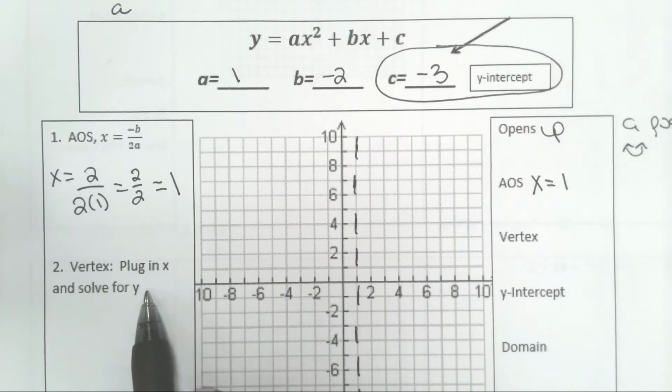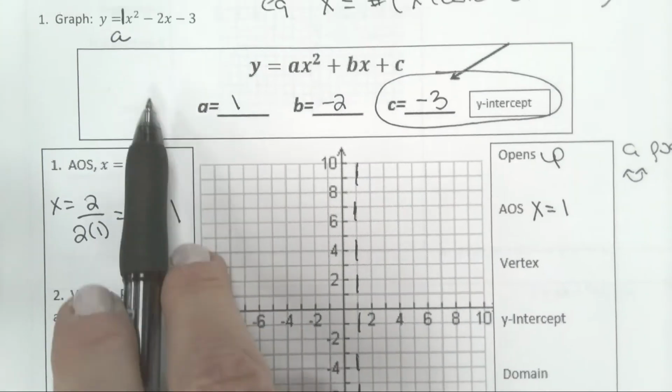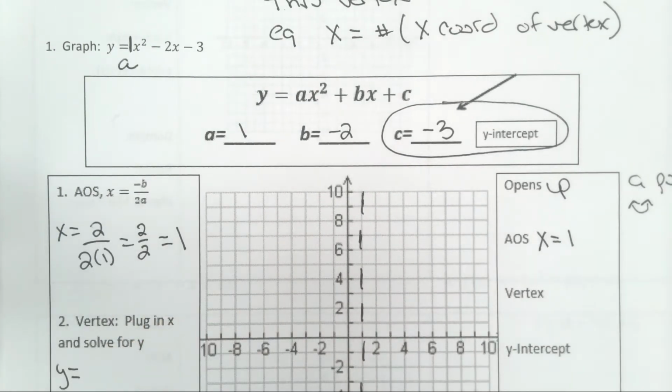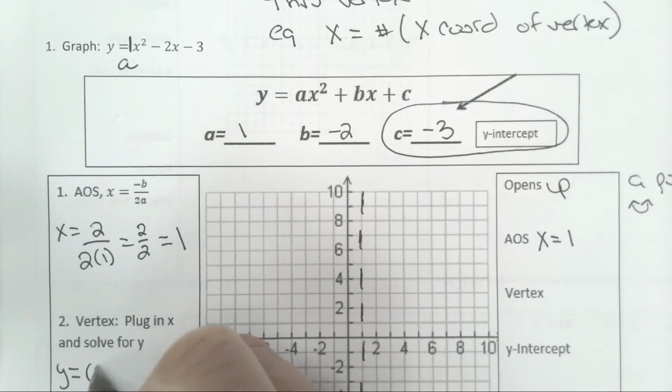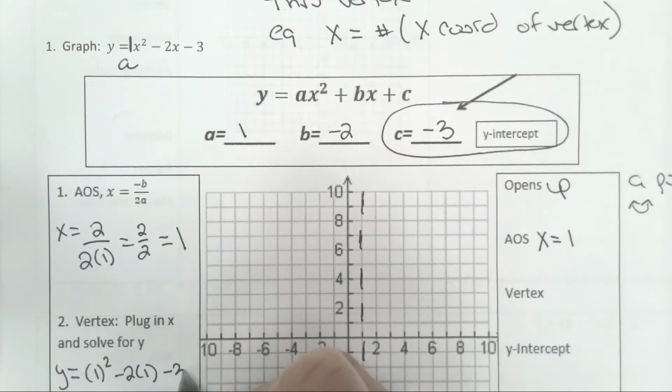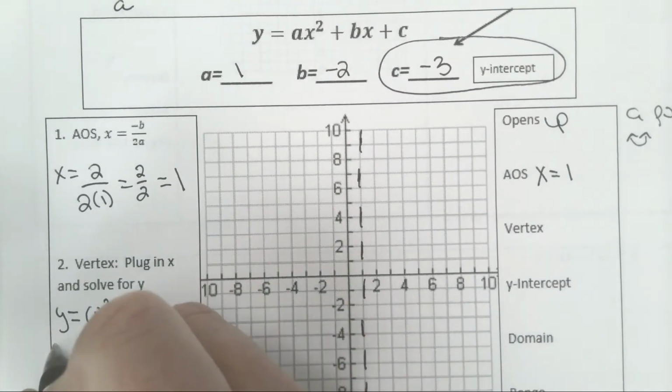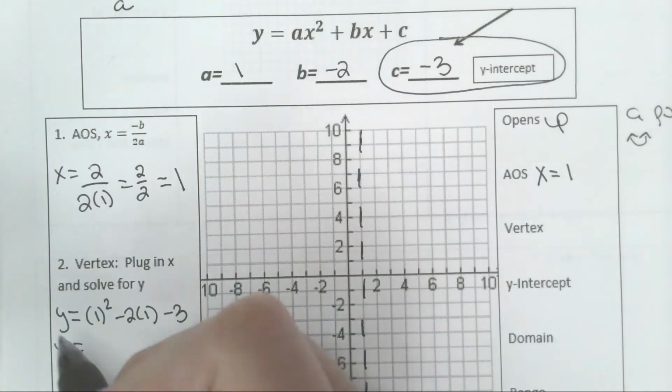Step 2 says find the vertex, or the y part of the vertex anyway. Plug x in and solve for y. So into my original equation right here, I have y equals 1 squared minus 2 times 1 minus 3. You can just work it out or put it in your calculator, whatever works.